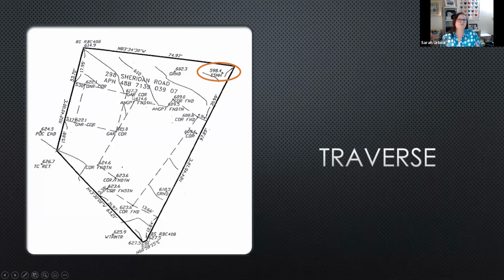This tells us a lot of information. It gives us an elevation, and it tells us what kind of structure is located there. SSMH, sanitary sewer manhole. GRND is just an abbreviation of ground. So when they took that survey and measured that point, it was on bare ground.